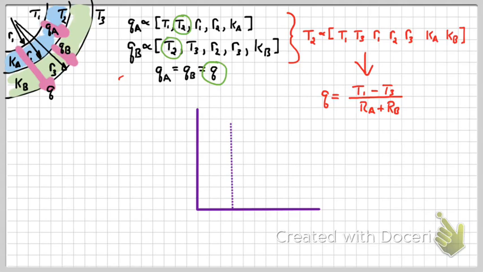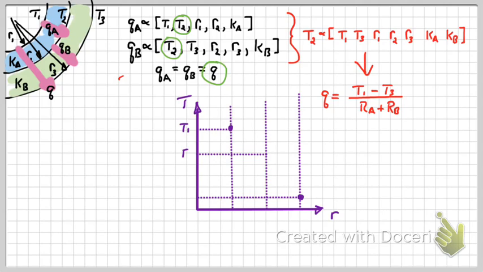Once you know the total heat rate, you can come back and solve for your intermediate temperature, because you know Q, you know T1, and the only thing that was unknown in your QA equation was T2, so you can solve for that. Now we can make our plot, and here's T1, here's T2, and here's T3.